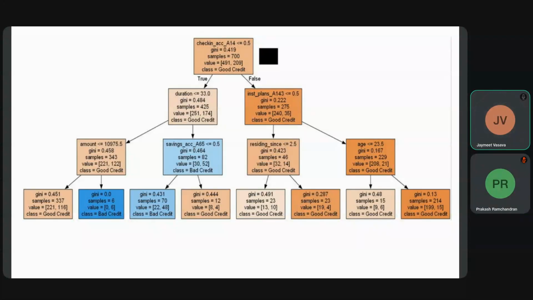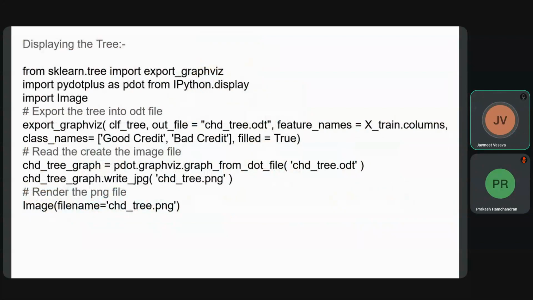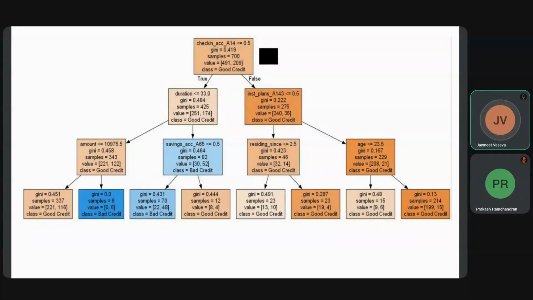You can see the Gini value or Gini impurity value for it, as well as the number of samples. And also the filled equals true, that was in the arguments over here. You can see the different shades of color signifying different things.